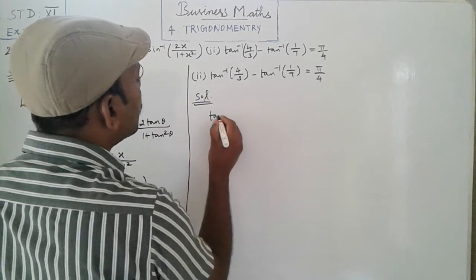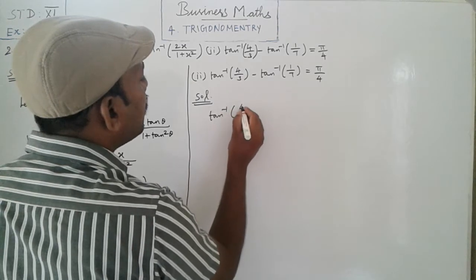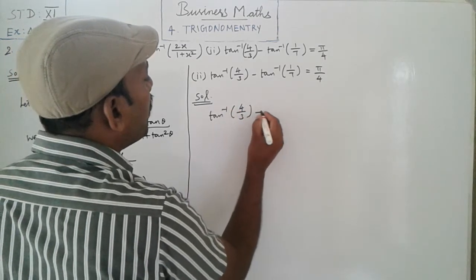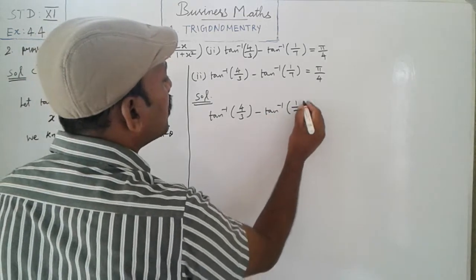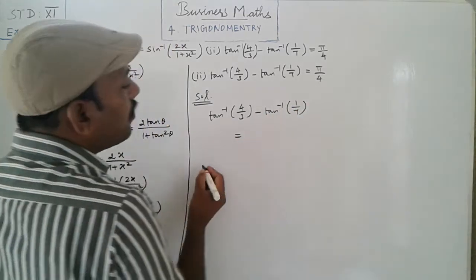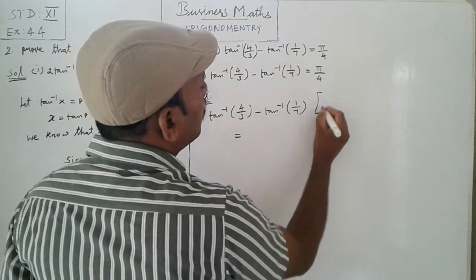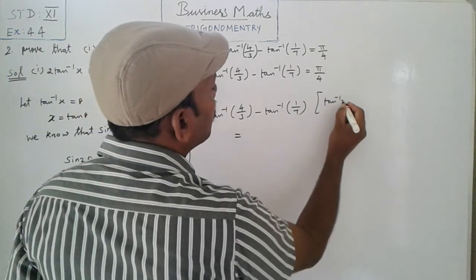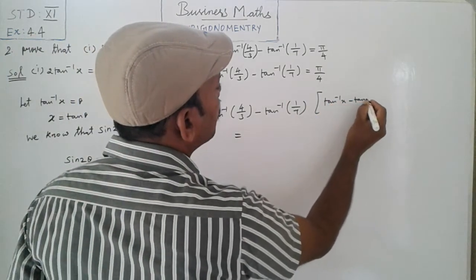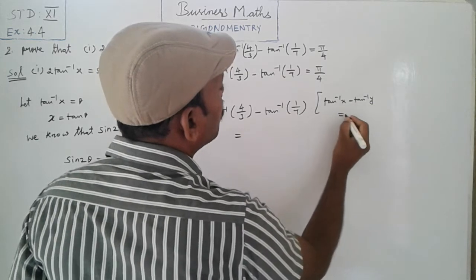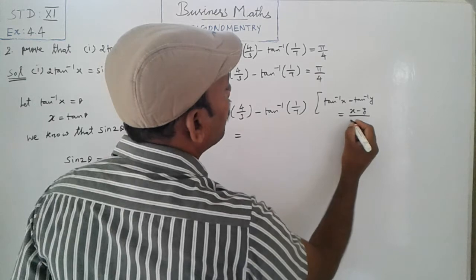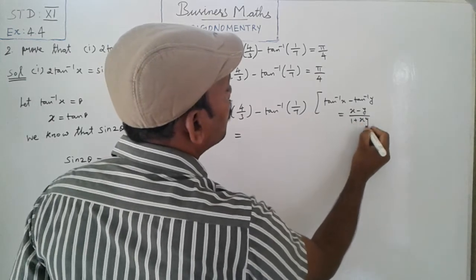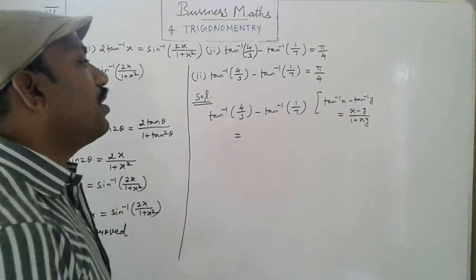Here, for tan inverse 4 by 3 minus tan inverse 1 by 7, we know the formula: tan inverse x minus tan inverse y equals tan inverse of x minus y divided by 1 plus xy.